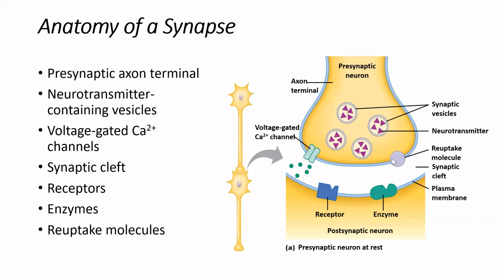And these two structures, the enzyme on the postsynaptic membrane and the reuptake molecule on the presynaptic membrane, both function to clear the cleft of any extra neurotransmitter that would be lingering, as a way to cease this signaling.